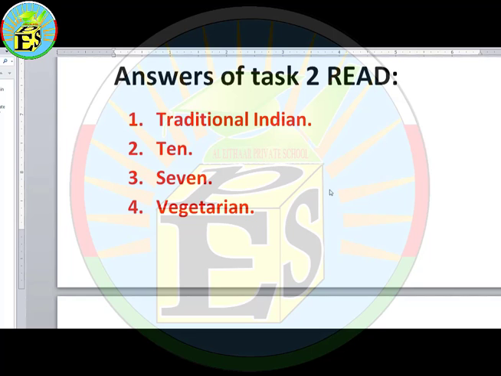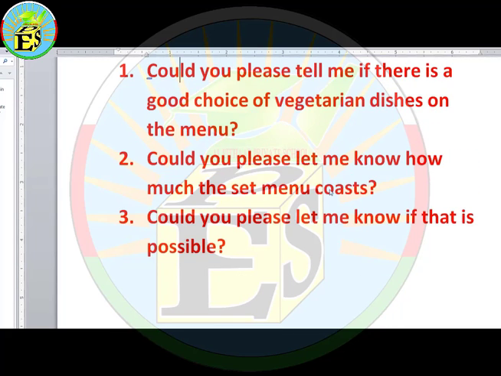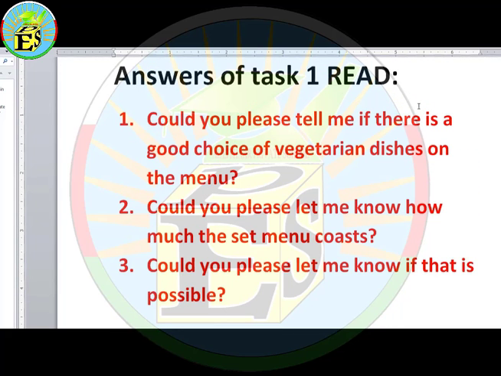And we were asked in task number 1 to find the requests in the letter. So I would like you to underline these requests here. We talked about 3 different requests. I would like you to underline them. The first one is in paragraph number 1, and it says, "Could you please tell me if there is a good choice of vegetarian dishes on the menu?"